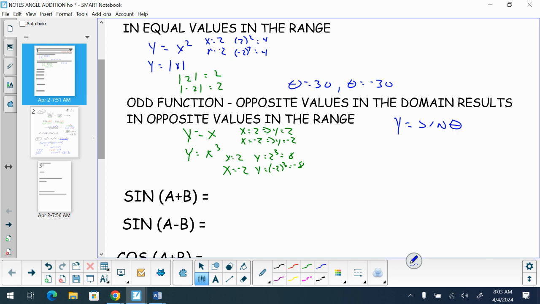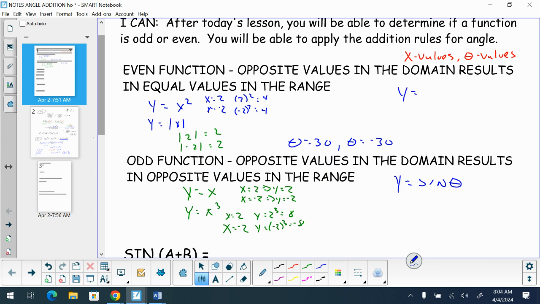How about cosine? Would it be odd or even? Take the cosine of 30, take the cosine of negative 30. What we got? Even. So y equals cosine of theta would be even. How about tangent? Opposite. So that would be an odd function.